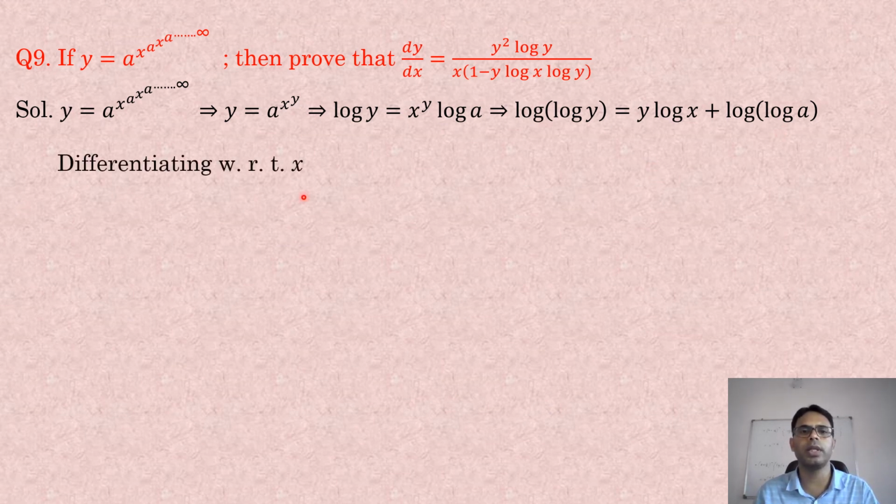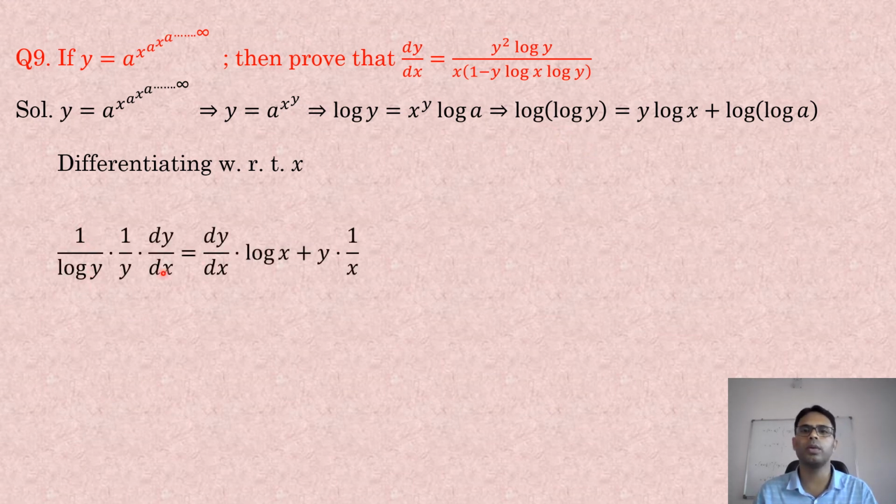So differentiating with respect to x, in the left hand side, first log derivative is 1 by log y, then this log derivative is 1 by y, and for y it is dy/dx. So 1 by log y for this log, 1 by y for the second log, and dy/dx for this y is equal to, it is a product function, so y derivative is dy/dx, log x is remaining the same, then plus, by the property, y is remaining the same and log x derivative is 1 by x.